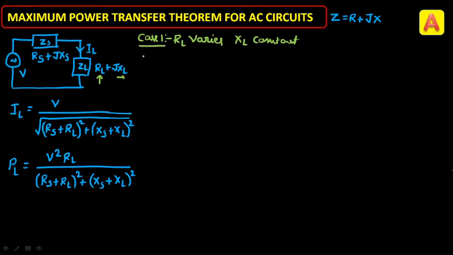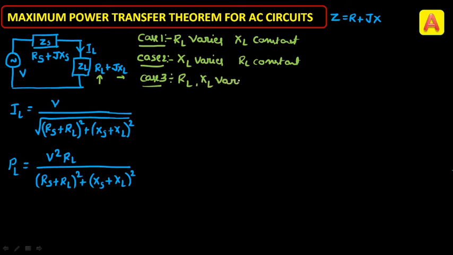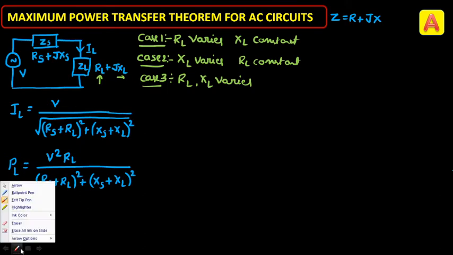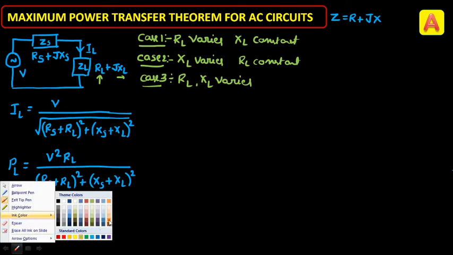Consider one more case, case 2, where XL varies and RL is constant. And one more case, case 3, where both RL and XL vary. These are the 3 cases. Let us see the first case.